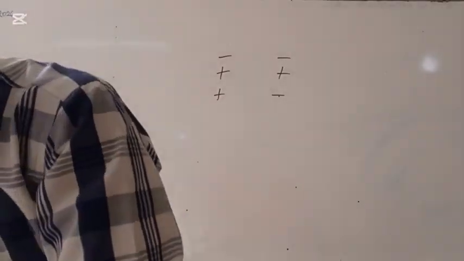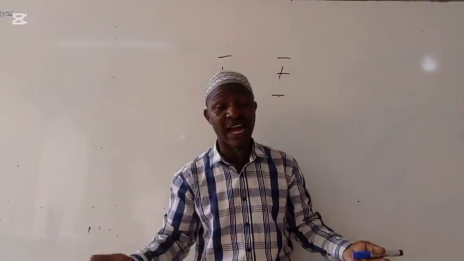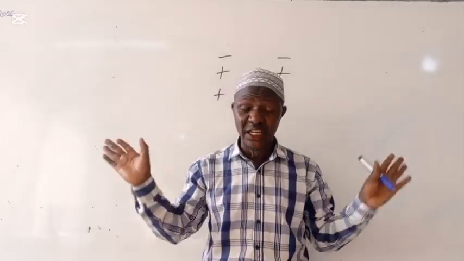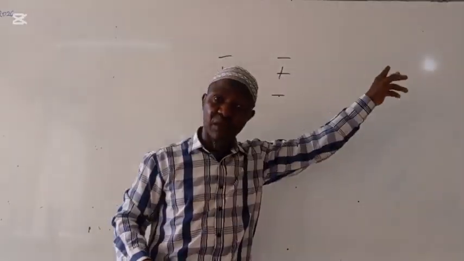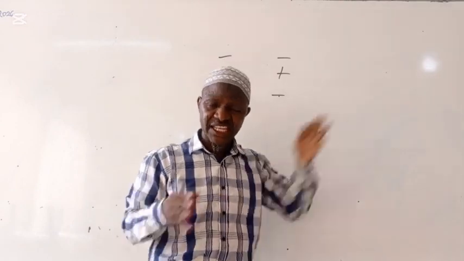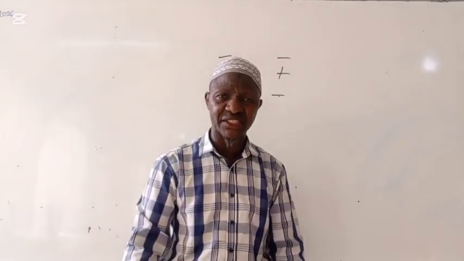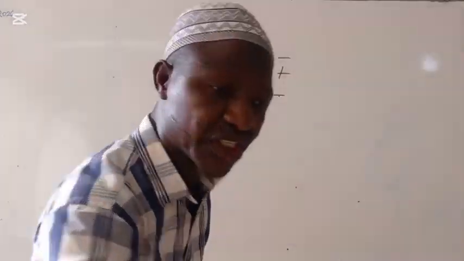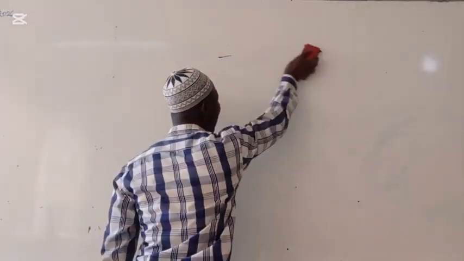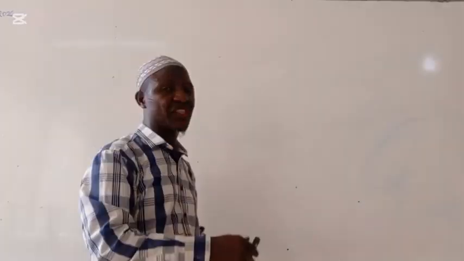Now, let's go and derive the formula like we did under gravitational field. Very simple, similar thing. But in the case of the gravitational field, we used masses. Here, we are going to be using what? Charges. Now, it can have positive and positive, or negative and negative, or positive and negative. But what we know is that the force will increase when you increase either charge or both charges, and it will reduce when you increase their separation distance.